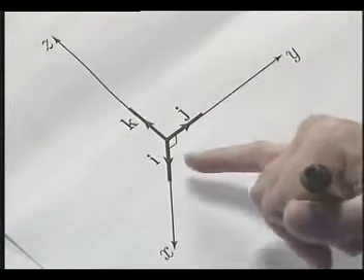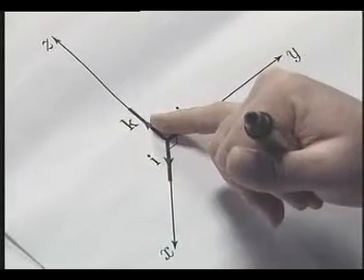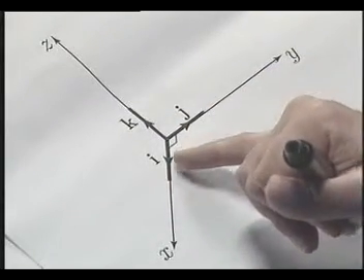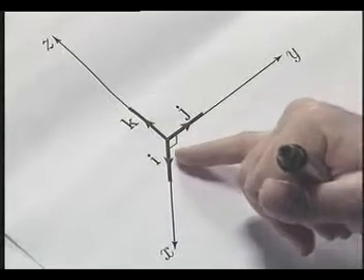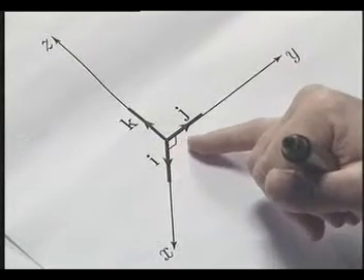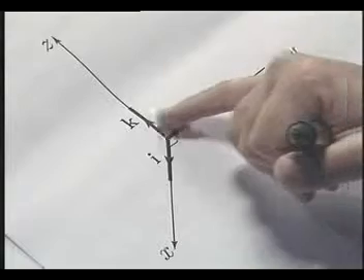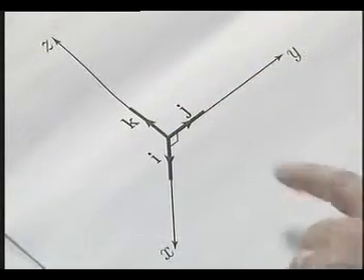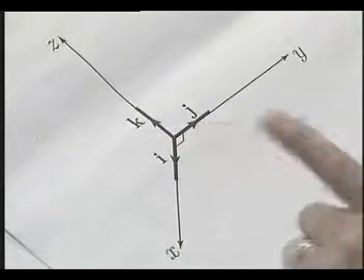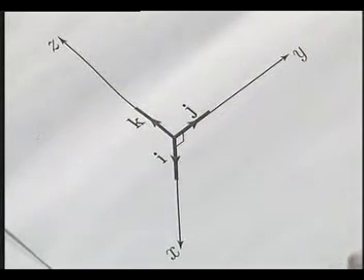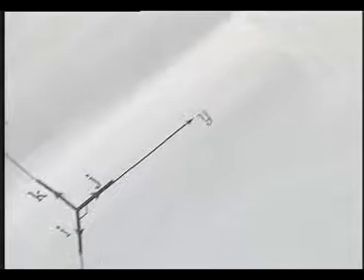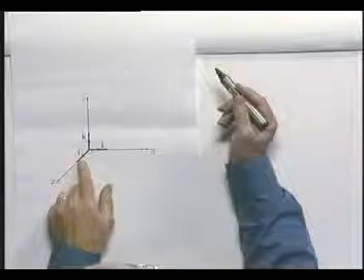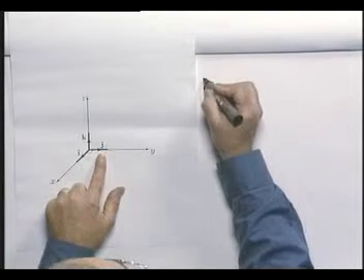And you'll notice that the vectors i, j, and k are all at 90 degrees to each other. So the angle between i and j is 90 degrees, the angle between j and k is 90 degrees, and the angle between i and k is 90 degrees. And all of these vectors, i, j, and k, are unit vectors. That means that their length is 1. Now let's just calculate the dot product of i with j.